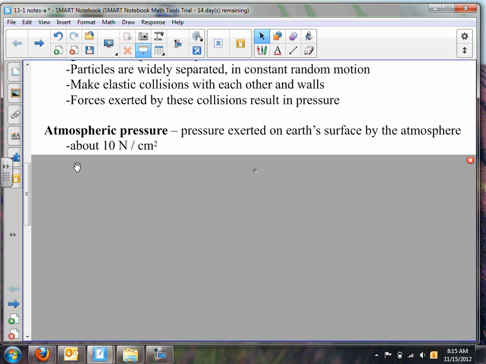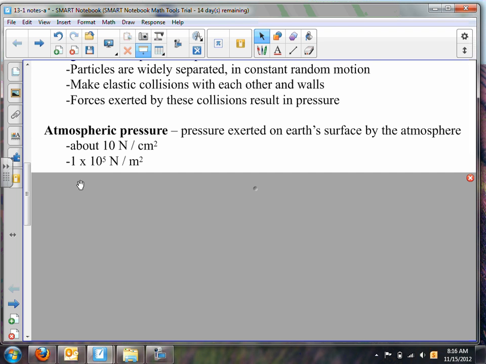And that's due simply to the weight of the air in the atmosphere. This converts to around 1 times 10 to the 5th newtons per square meter. So 100,000 newtons of force act on every square meter of the Earth's surface, and that's just the weight of the air.